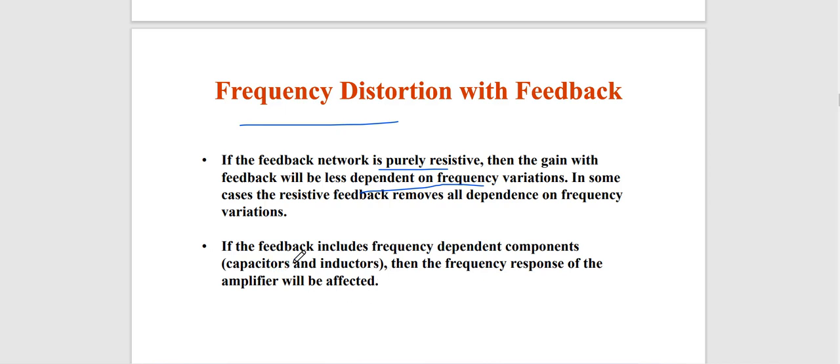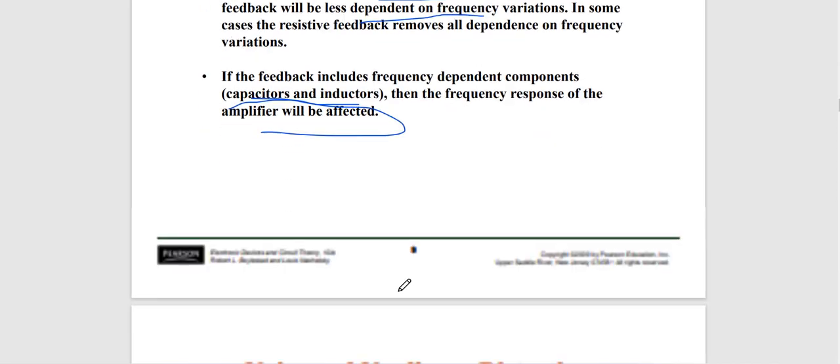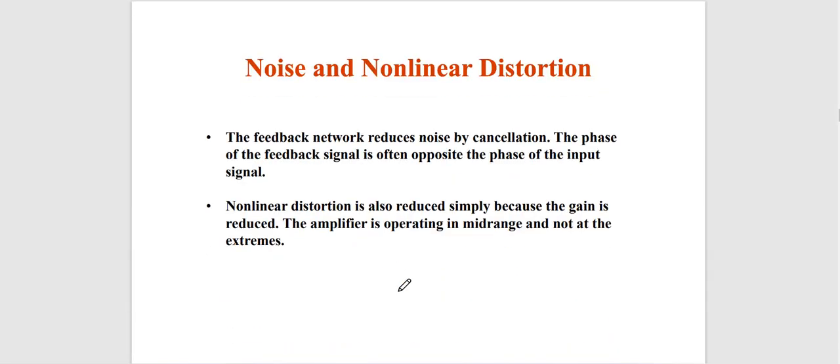But if the feedback includes a capacitor or inductor, both components affect the frequency, so the frequency response will be affected by the feedback. And then for the noise and nonlinear distortion, the feedback network reduces the noise by cancellation.